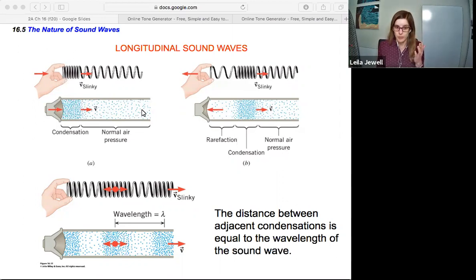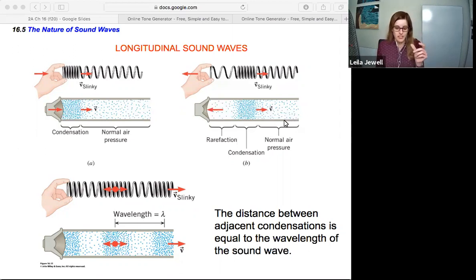The normal air pressure is fairly spread out, but there's what's known as a condensation when the speaker moves out. If the speaker then moves inward, the air molecules spread out, and that's known as a rarefaction. That's the opposite of condensation, and it becomes less dense, with less pressure than the normal air pressure.